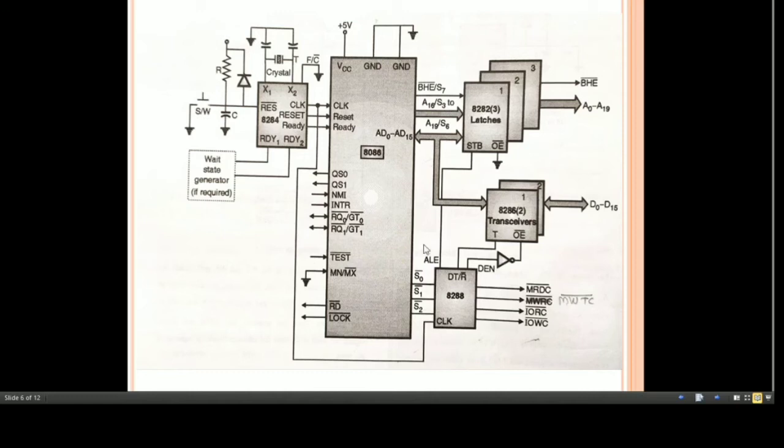So here, along with latches and transceiver, the additional circuitry is required to translate the control signals, and the additional circuitry converts the status signals, this S0 bar, S1 bar and S2 bar, to input, output and memory transfer signals. The Intel 8288 bus controller is used for this purpose.